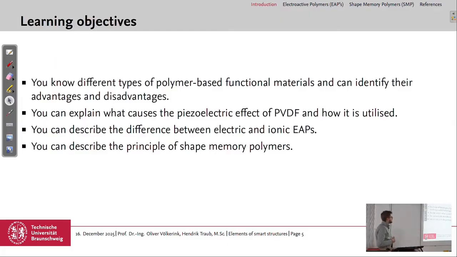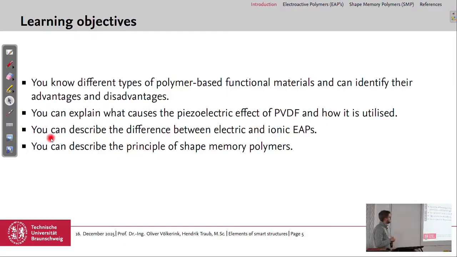As always, learning goals at first, or learning objectives. After the lecture, you should know different types of polymer-based functional materials, and also should be able to identify their advantages and disadvantages, also in comparison with the piezo-ceramic materials.